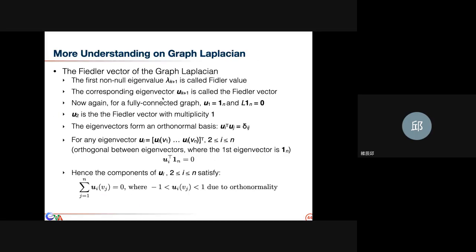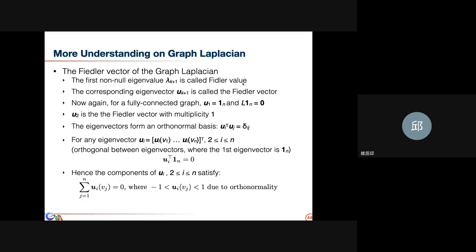Before we go into another example, I just want to show you more about the graph Laplacian matrix. The first non-zero eigenvalue is called the Fiedler value.